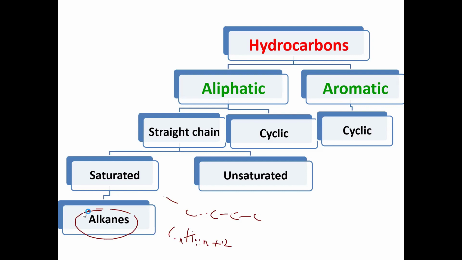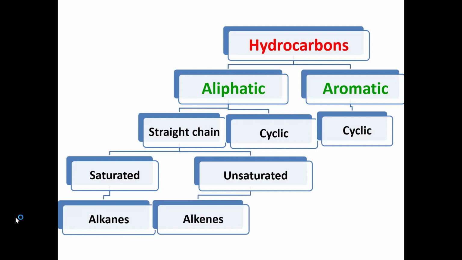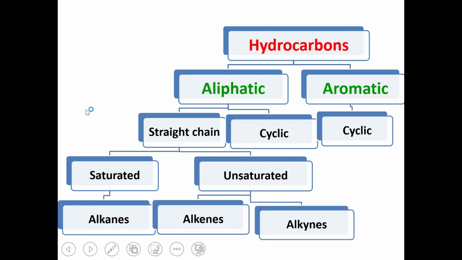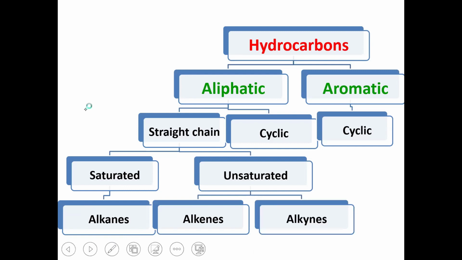And then the next thing that we are going to talk about is unsaturated hydrocarbon. So we have alkenes, and apart from alkenes, we also have alkynes. In alkenes, you'll find at least one double bond between carbon to carbon.